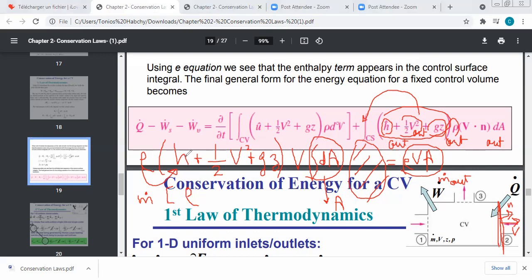Now we have seen together that h is U, the internal energy, plus P over rho, plus rho V square over 2 plus rho GZ. So the whole term times m dot, as we have considered here. This will give me the energy flux that is going out.